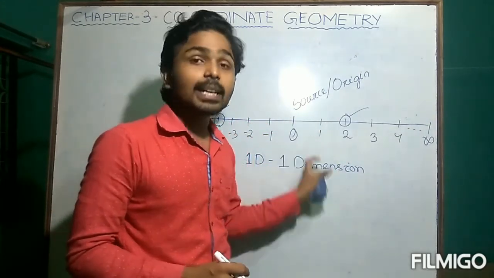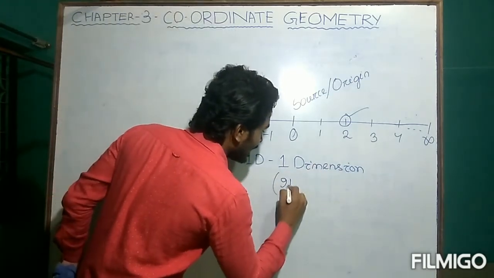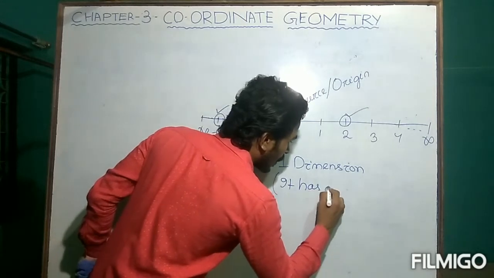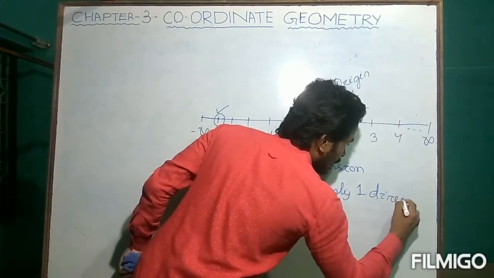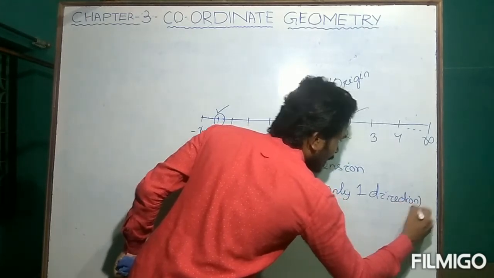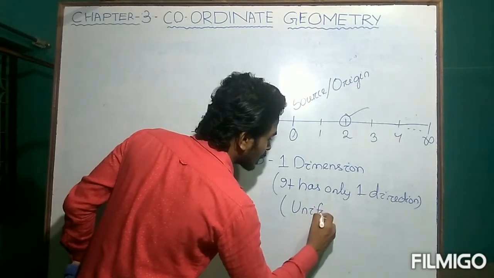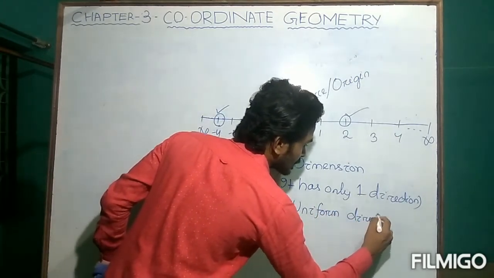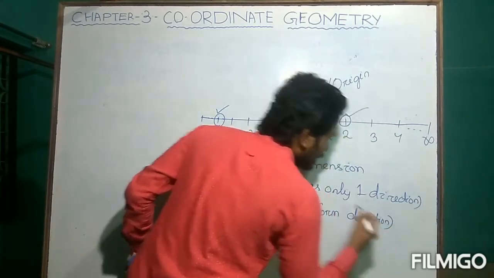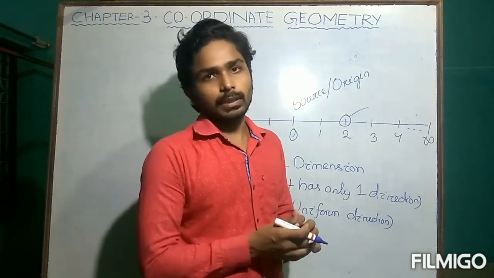That means it has only one direction, or you can say uniform motion or uniform direction. So the number line is a one dimensional structure.